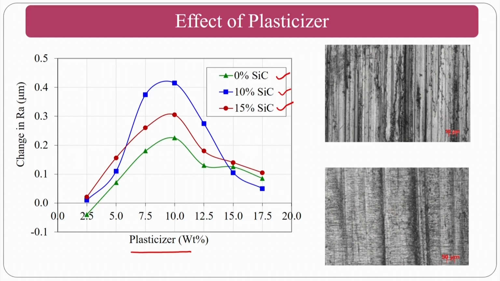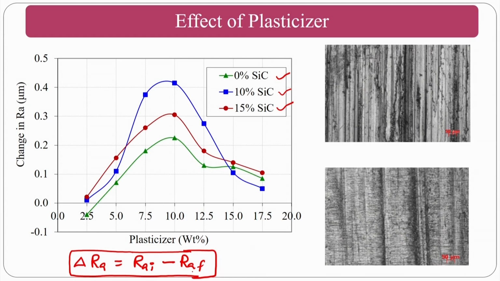If you increase from 2.5 to 17.5, the change in roughness, delta Ra, is nothing but Ra initial minus Ra final, that is, initial roughness minus final roughness. Okay.